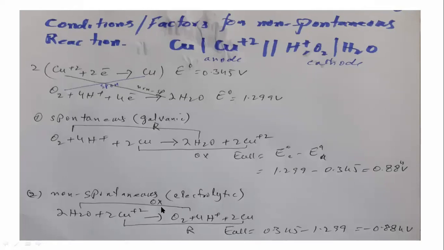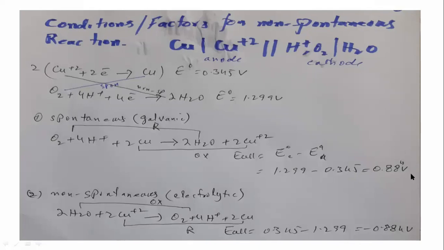And as I have said before, oxidation must always be at the anode and reduction will be at the cathode. So here this half cell is at the cathode and this is at the anode. So when you put the value 0.345 minus, it is coming from the formula. This is at the anode, that will give you the value of minus 0.884. So the only difference over here is the minus, otherwise the value will remain the same.